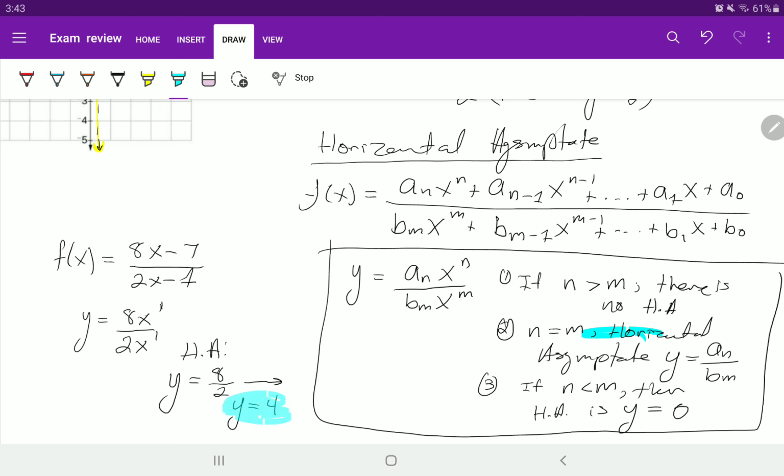In this case, the horizontal asymptote was 4 because the degree in the numerator is equal to the degree in the denominator. If the degree is bigger on the top, there is no horizontal asymptote. If the degree is bigger on the bottom, then the horizontal asymptote is y equals 0, which is a dashed line on the x-axis.